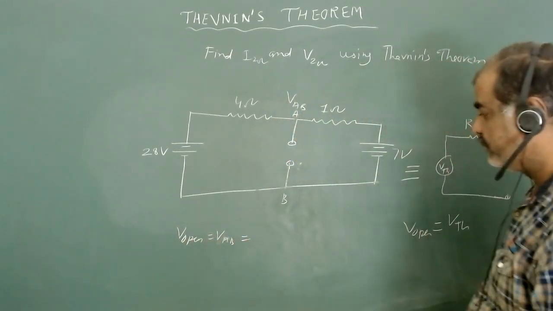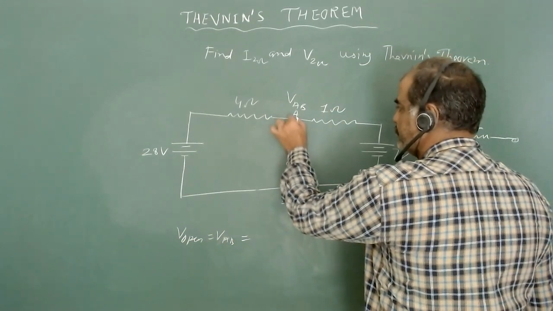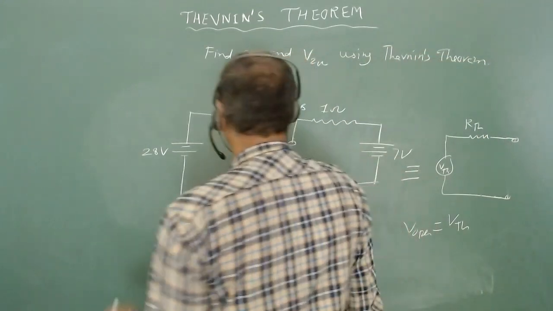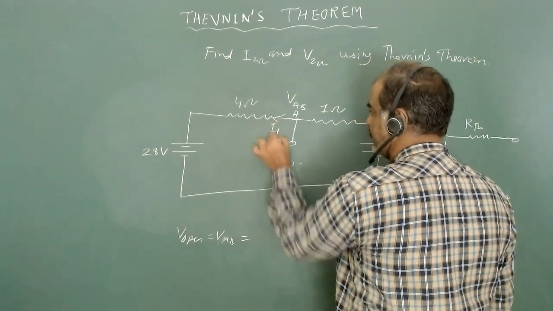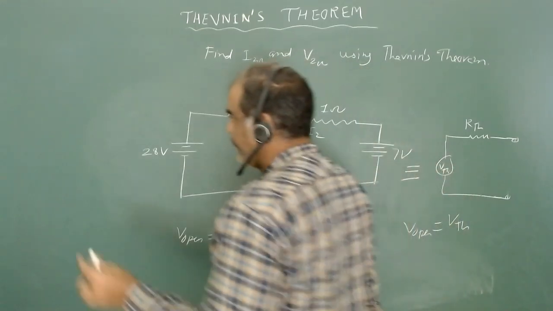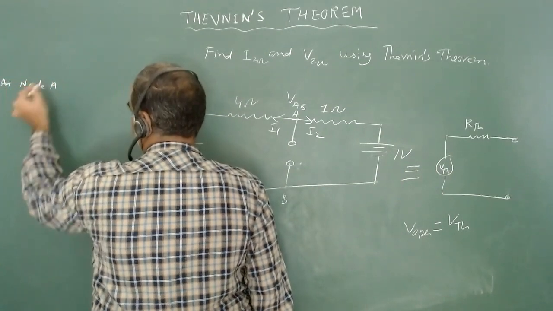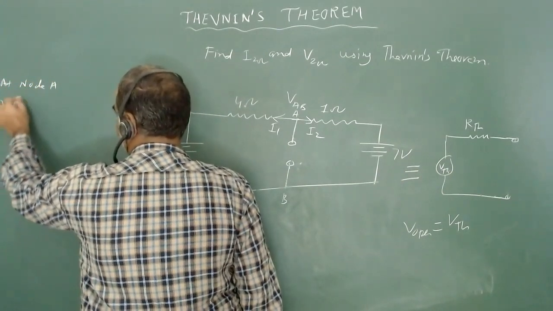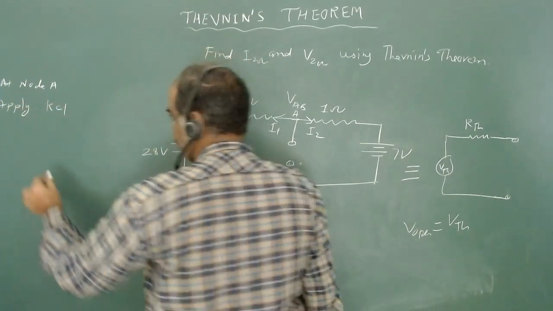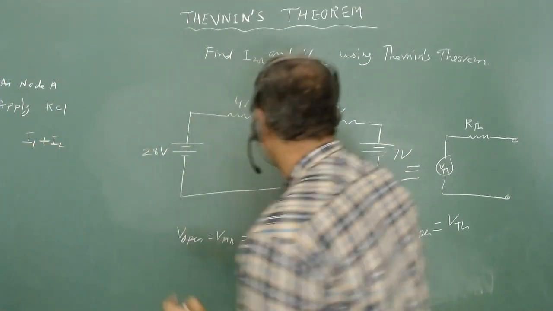How to calculate this VAB? At this junction I can apply KCL. Say this current is I1 and this current is I2. At node A, apply KCL, with all the currents leaving.